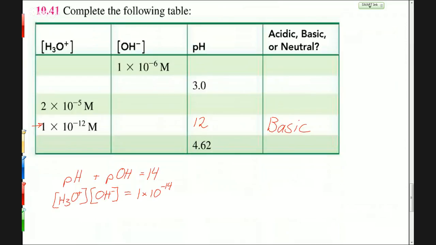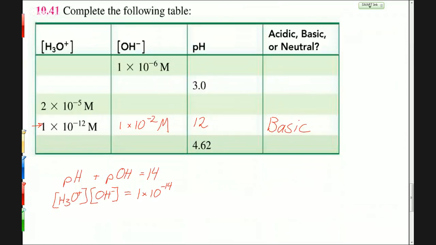So if the hydronium ion concentration is 1 times 10 to the minus 12, what's the hydroxide ion concentration? It will be 12 minus 14, so the hydroxide ion is 1 times 10 to the minus 2 molar, which means the pOH would be 2.